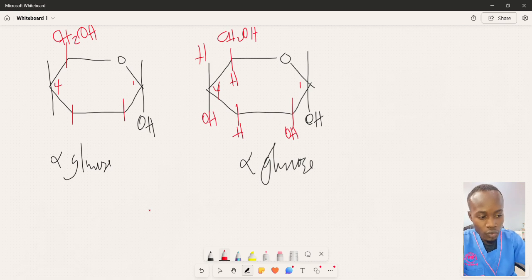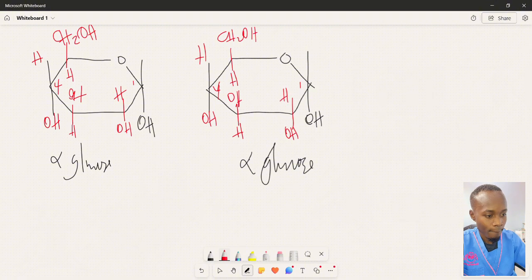So this one is also glucose, so we are going to have the same: OH, H, OH, H, H, OH, H, OH, H. So when you combine these two, how do they form? Let me put a plus here.